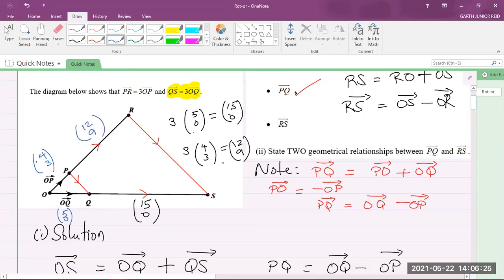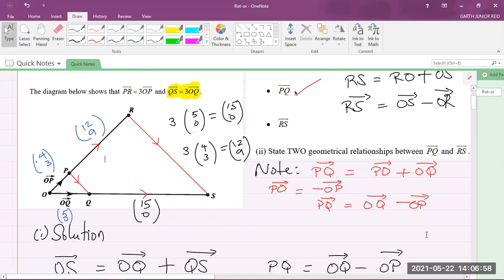Now remember, we're trying to find the vector RS. And we had stated that we need to find the vector OR in order to find the vector RS. Well, if we look at the diagram, we know that the vector OP is (4, 3), and we know that the vector PR is (12, 9). So if I want to move from O to R, it means that it is equal to the vector OP plus the vector PR.